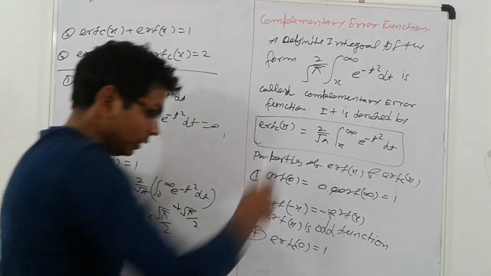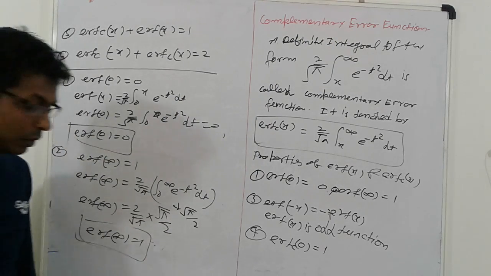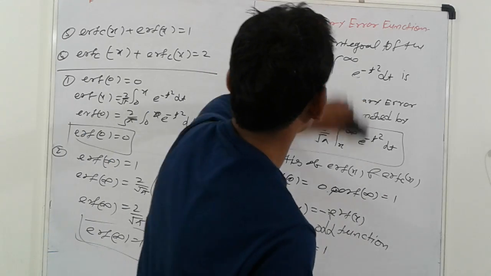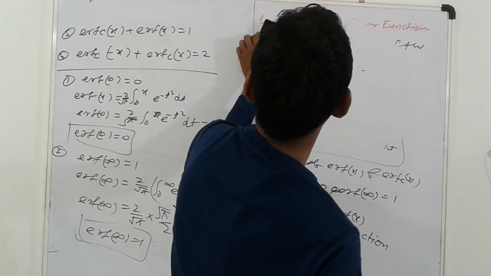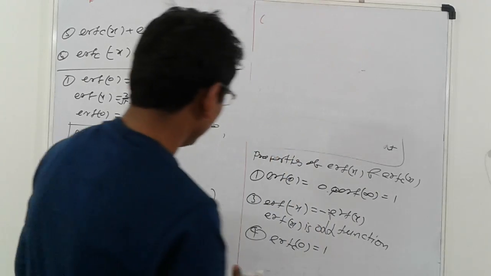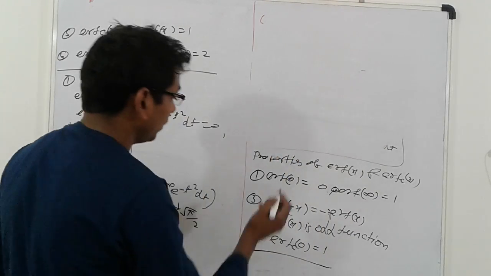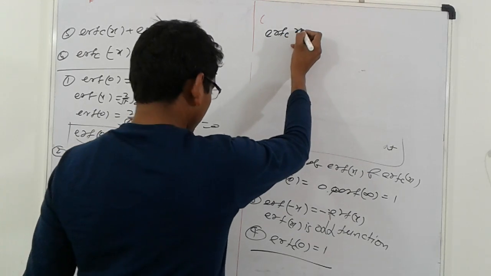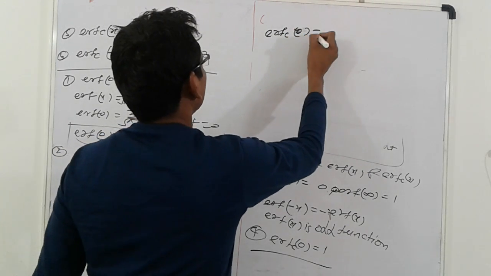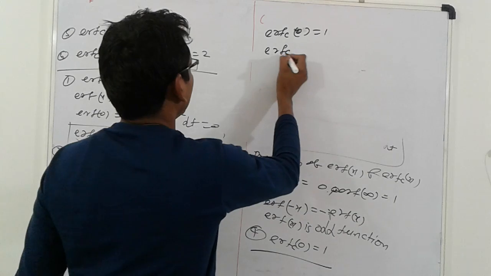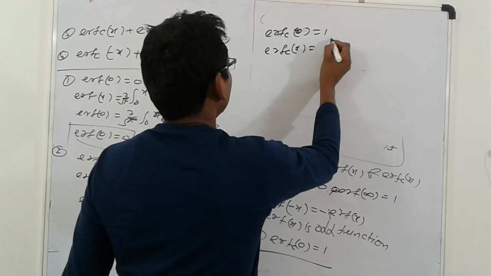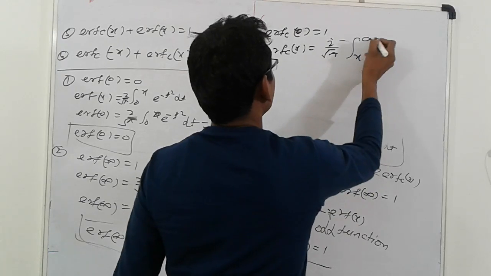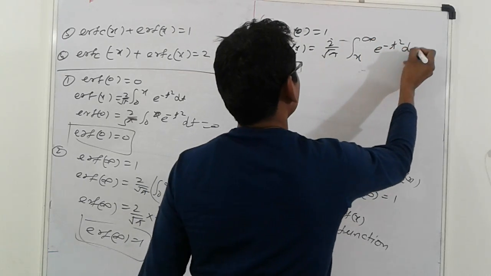So next, go to the next property. So check it. Simplify. Suppose first here prove करते हैं. Erfc of 0 equal to 1. So first we know that erfc of x, what is this? 2 upon under root pi, x to infinity, e raised to minus t square dt.